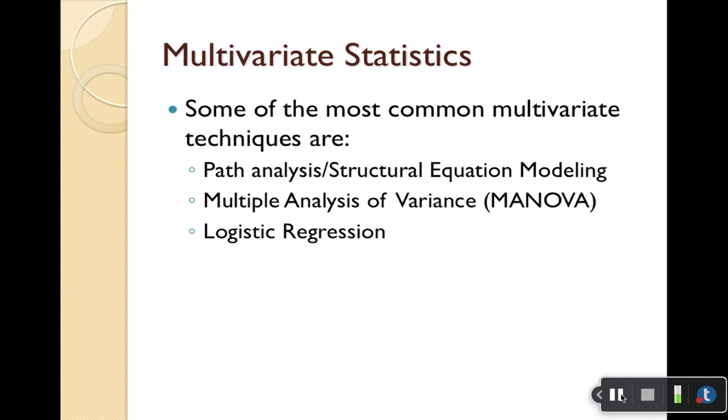So there are a number of multivariate statistical techniques. There are entire books on this. You can take an entire class. I just wanted to hit a couple of the highlights that I think are most common in journal articles in your field, and also ones that I've seen students sometimes do for their dissertations. So I want to talk a little bit about path analysis or structural equation modeling, multivariate analysis of variance or MANOVA, and then logistic regression.